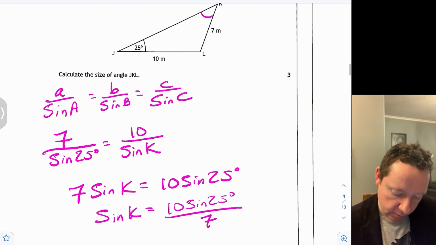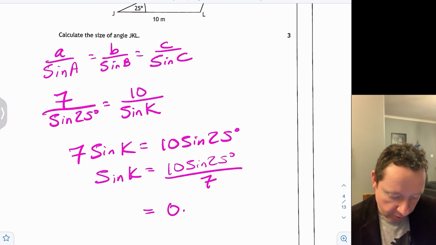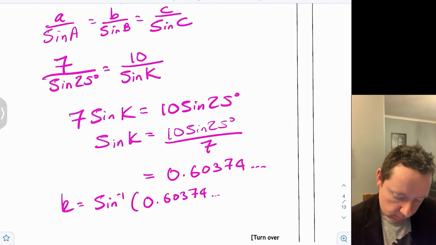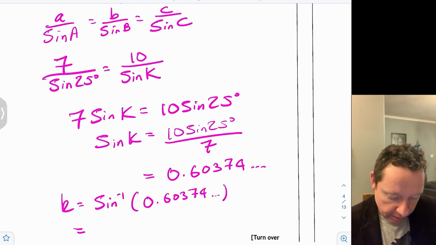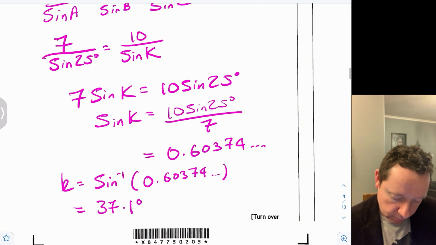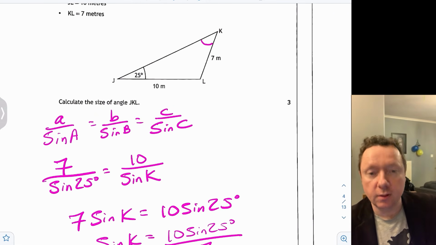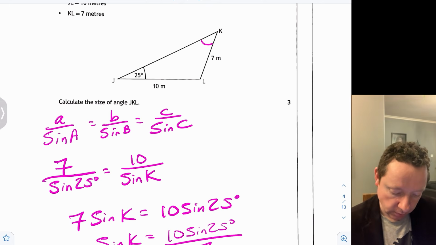So let's work that one out. 0.6037 4. So K is the inverse sine of my answer, which is equal to 37.1 degrees. Or you'd probably find with just 37 because every number's to two significant figures in the question.